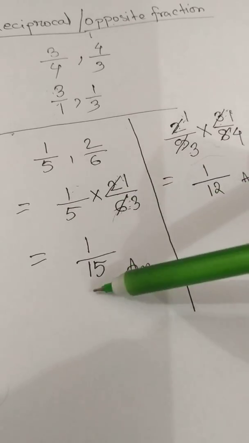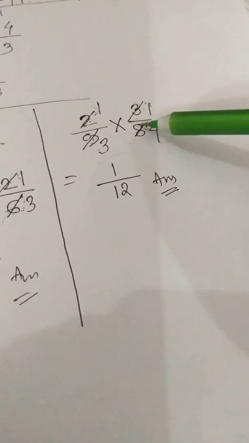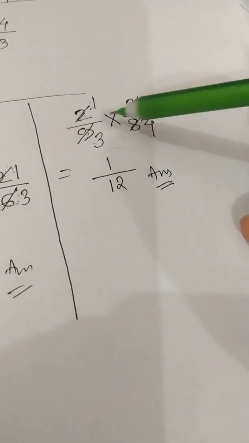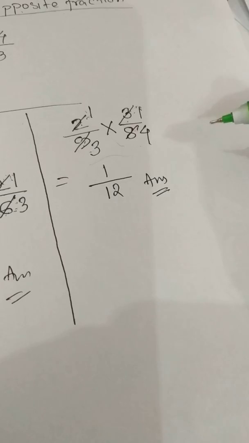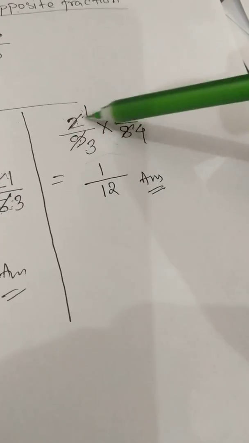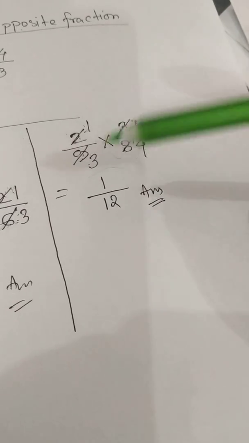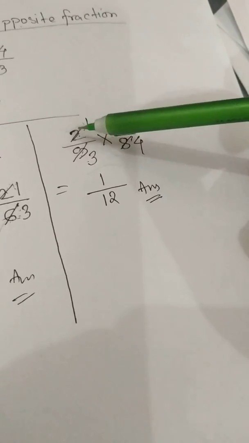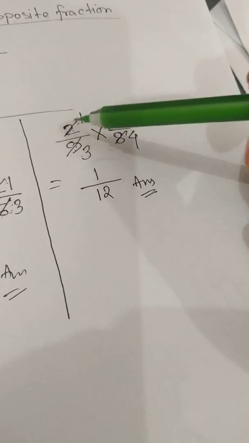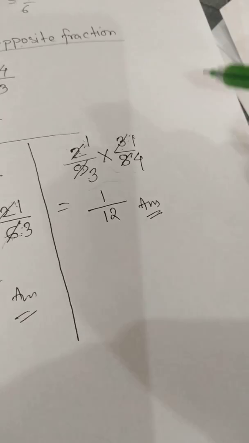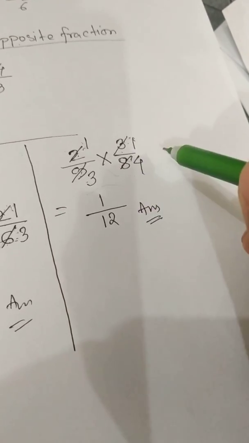Then we just normally multiplied. Here we could not reduce the fractions up down, so we reduced the fractions crosswise. So we need to remember that fractions can be reduced either crosswise or up down. We cannot reduce the fractions on the same line.